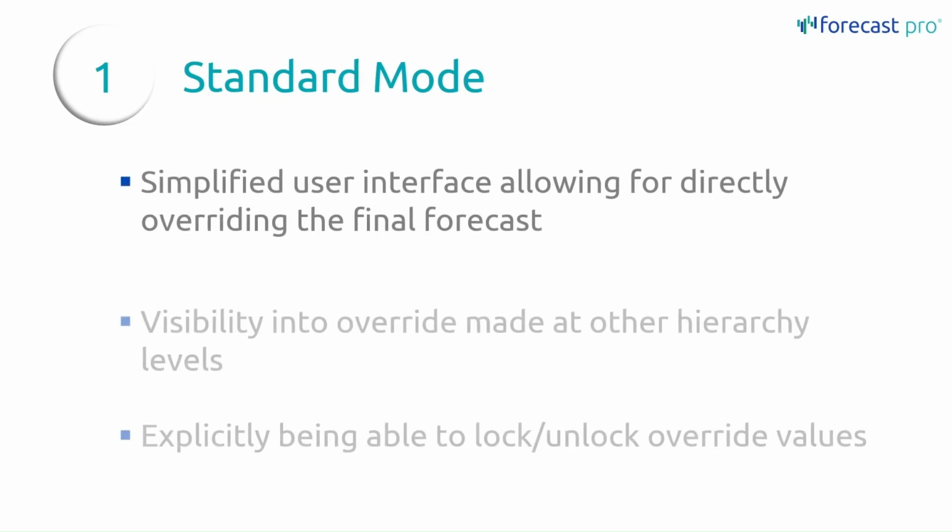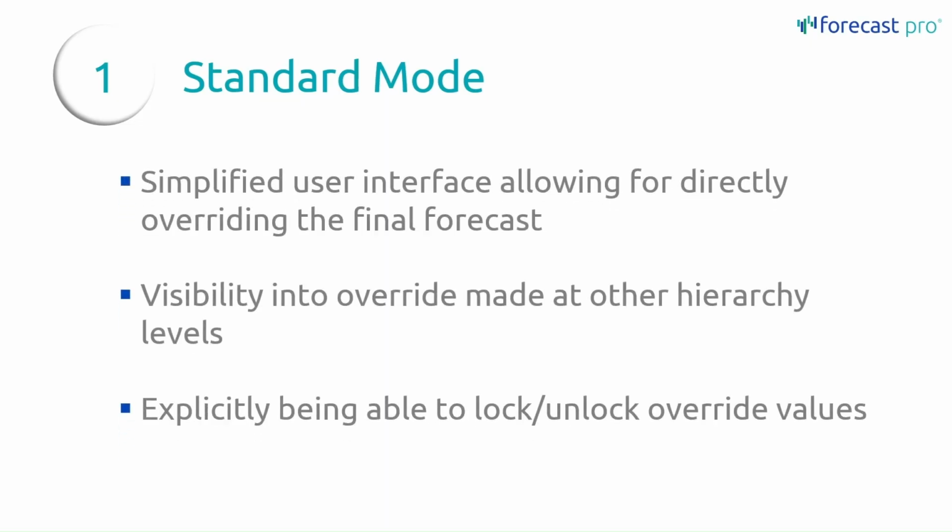So let's discuss some of the advantages of the standard mode. The first is that it is a much simpler mode. We have a single override row where all changes are made, and we keep track of these changes in our change log. This also gives us the ability to see changes at different hierarchy levels.